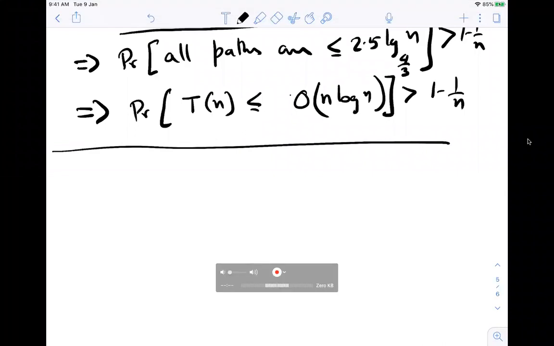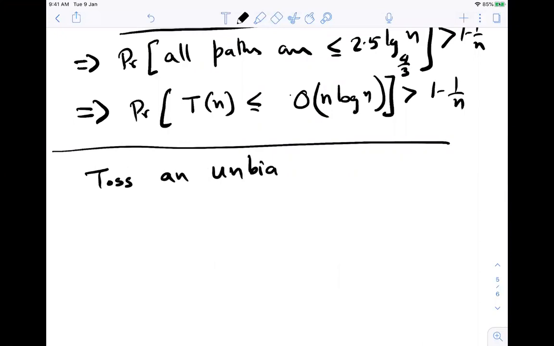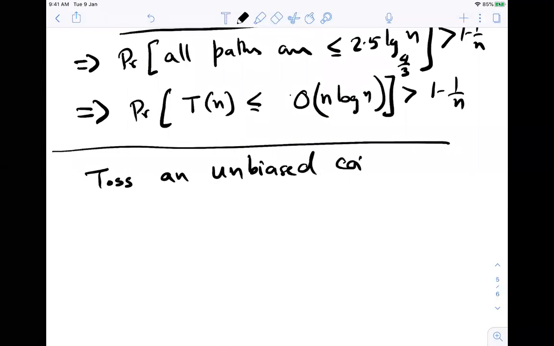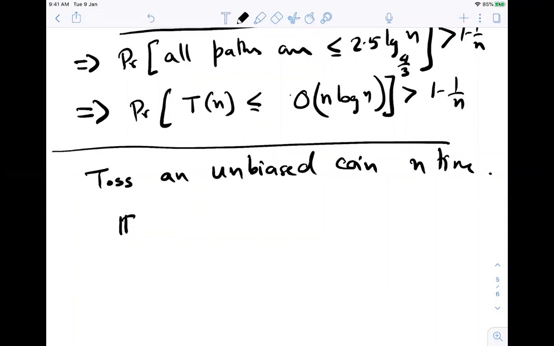I toss an unbiased coin n times. What is the expected number of heads? Tell me this one. What is it? N by 2.